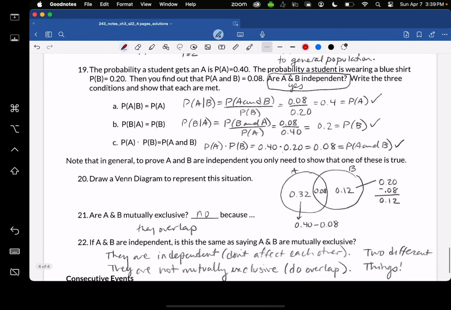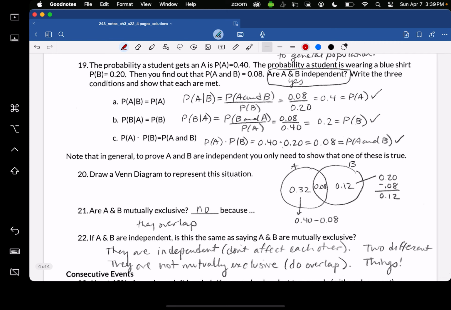Okay, here's another example. The probability that a student gets an A is 0.40. The probability that a student is wearing a blue shirt is 0.20. Then you find out that the probability of getting an A and wearing a blue shirt is 0.08. I'm going to show three different ways that all support that A and B are independent. Write the three conditions and show that each are met.